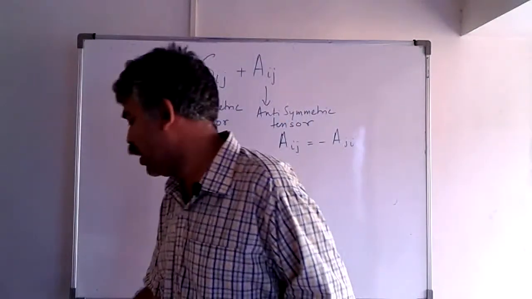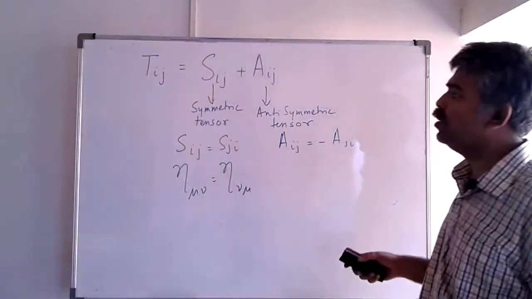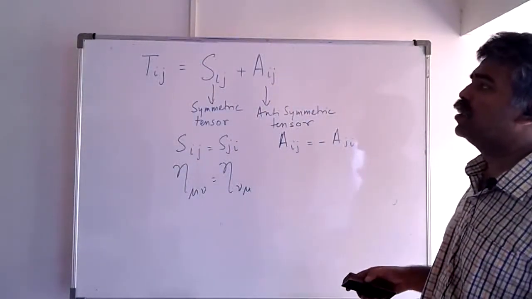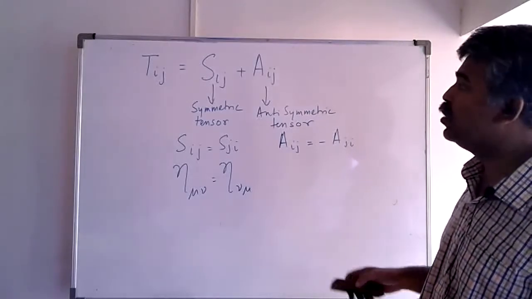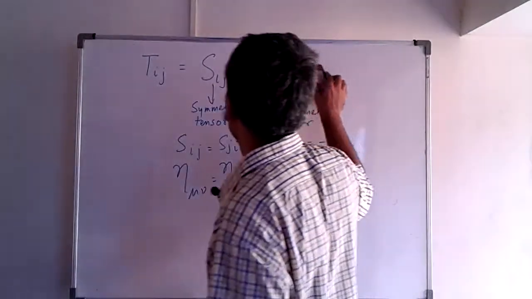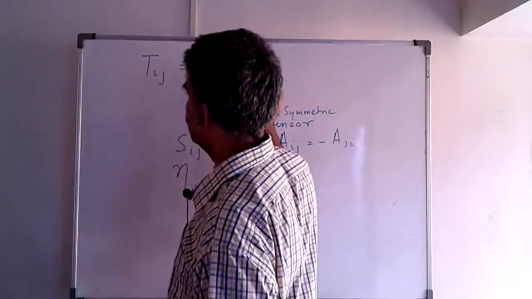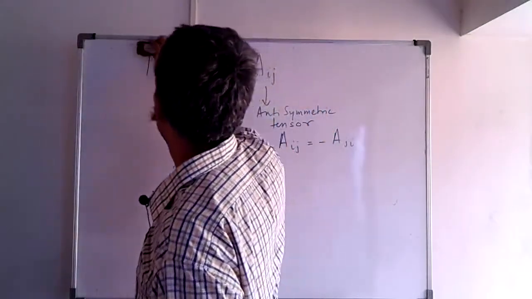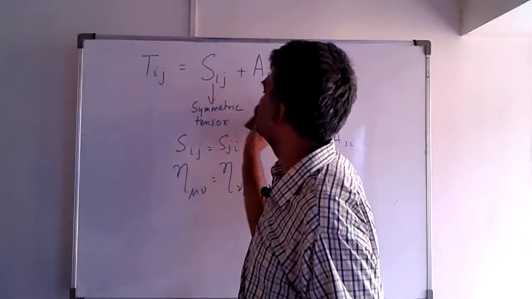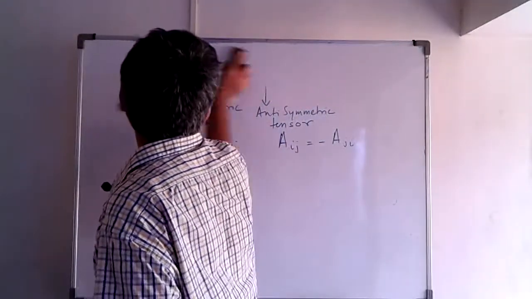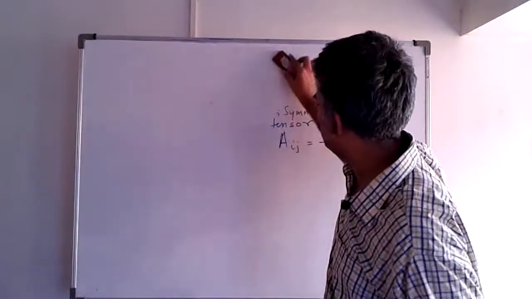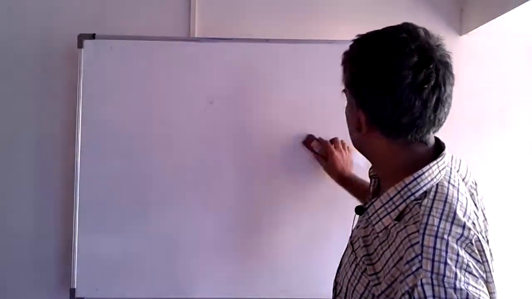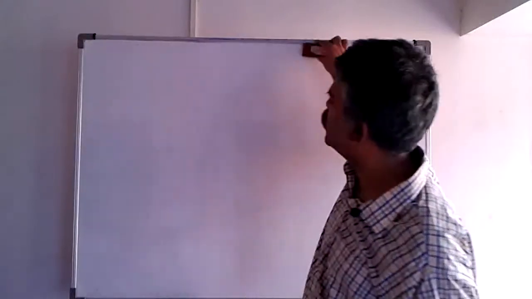Just a little digression. Can you tell me the number of independent components of a symmetric matrix? Let's do this a little bit, then you will understand the number of independent components will remain the same. Suppose a tensor of rank 2 can be represented as a matrix. G mu nu or eta mu nu is a matrix.